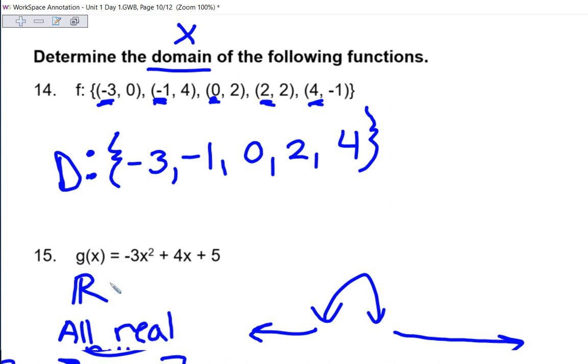Or if you're using interval notation, what would it be? Negative infinity to positive infinity. There's all sorts of ways you can write it. Now, me, I prefer this one. It's shorter.